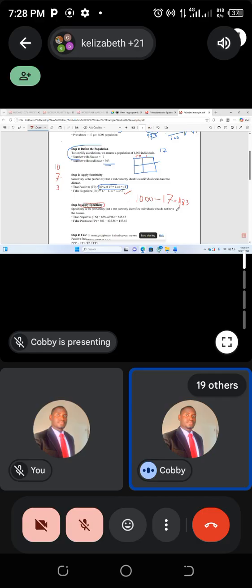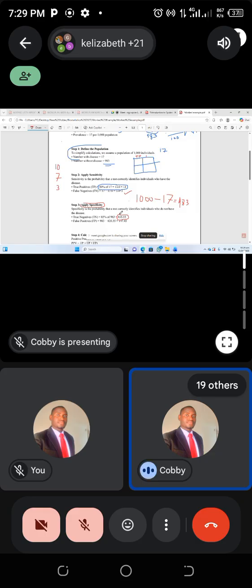So now find 85% of 983. What is 85% of 983? 835.5, which is more like 836, right? So now, these people are going to test negative.